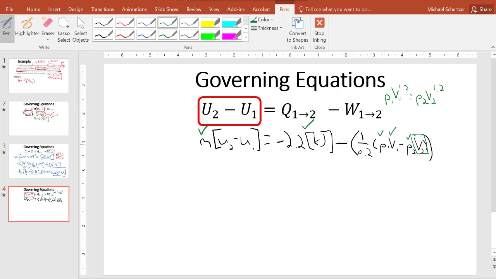So here I can isolate for V2. V2 to the power of 1.2 is equal to P1 over P2 multiplied by V1 to the 1.2.